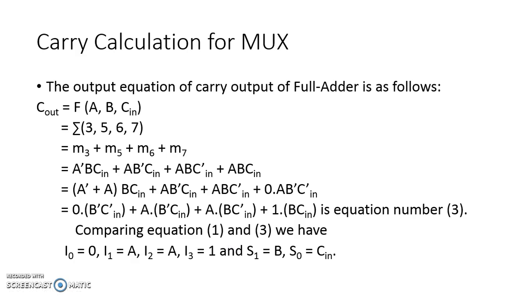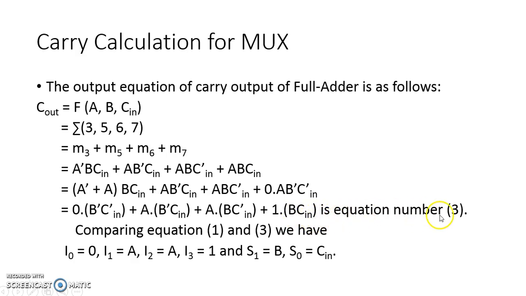Similarly, the output equation mapping for carry with respect to the multiplexer is as follows. C out is equal to the minterms of rows 3, 5, 6 and 7, and if we expand this equation, the final equation comes to 0 dot B' C in' plus A dot (B' C in) plus A dot (B C in') plus 1 dot B C in.